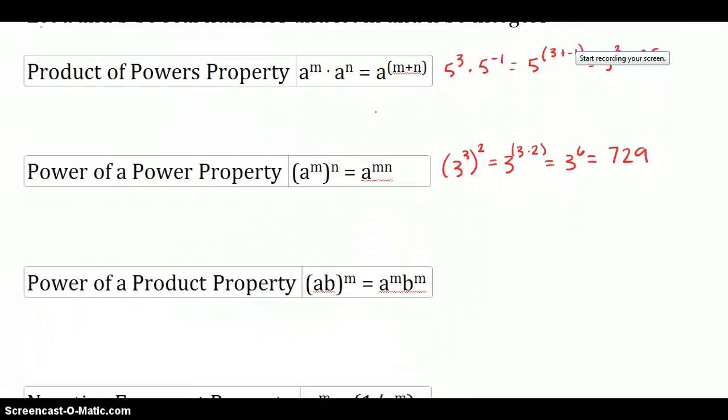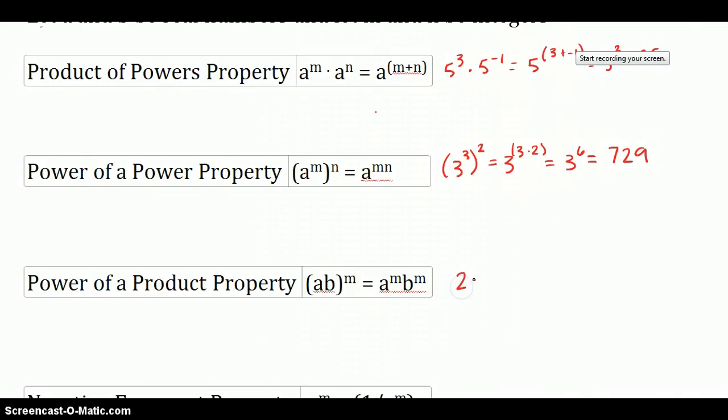On to our next property, the power of a product property. And in this case, what we're saying is if we have two real numbers multiplied times each other to some power, we can rewrite that as that base times the power times the other base times the power. So let's use some real numbers again.